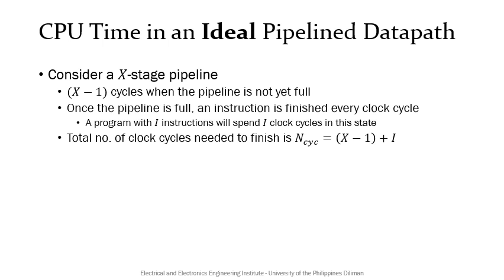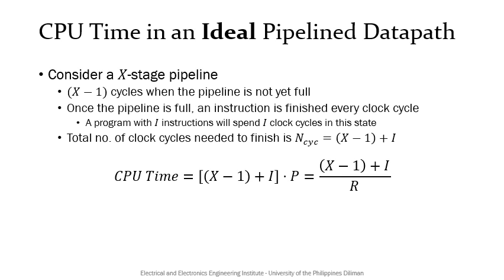Once the pipeline is full, an instruction is finished every clock cycle. A program with I number of instructions will spend I number of clock cycles in this state. Thus, adding the two, the I-long program will take a total of X-1 plus I clock cycles to finish.